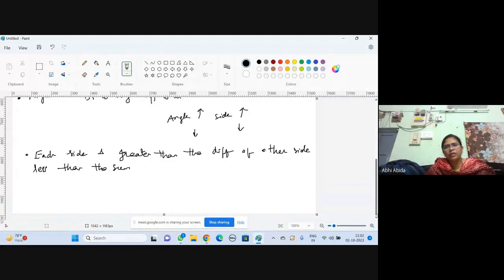If we consider a triangle here, for example, I'm just drawing a simple triangle. Let us consider a triangle A, B, and C. Two lengths are given, one length is not given. How to consider the length which is missing over here?